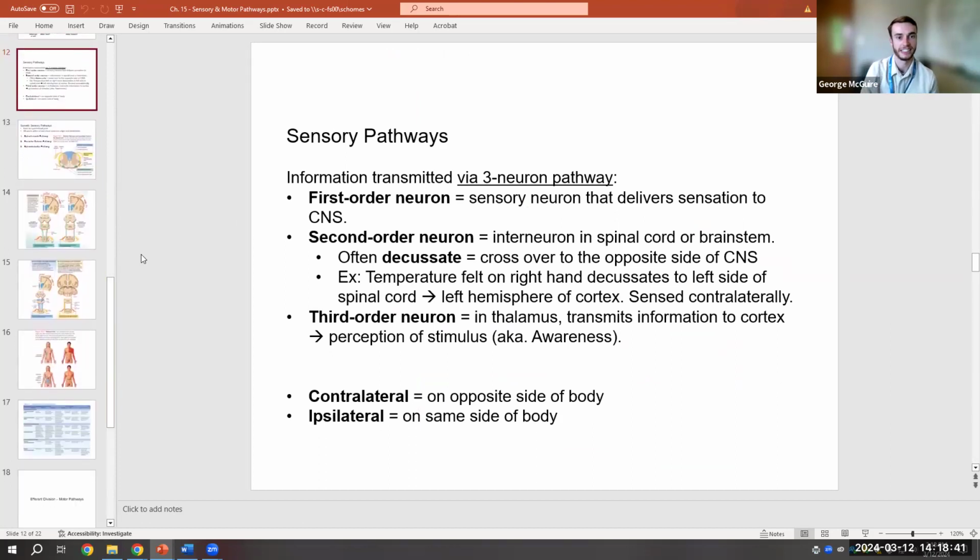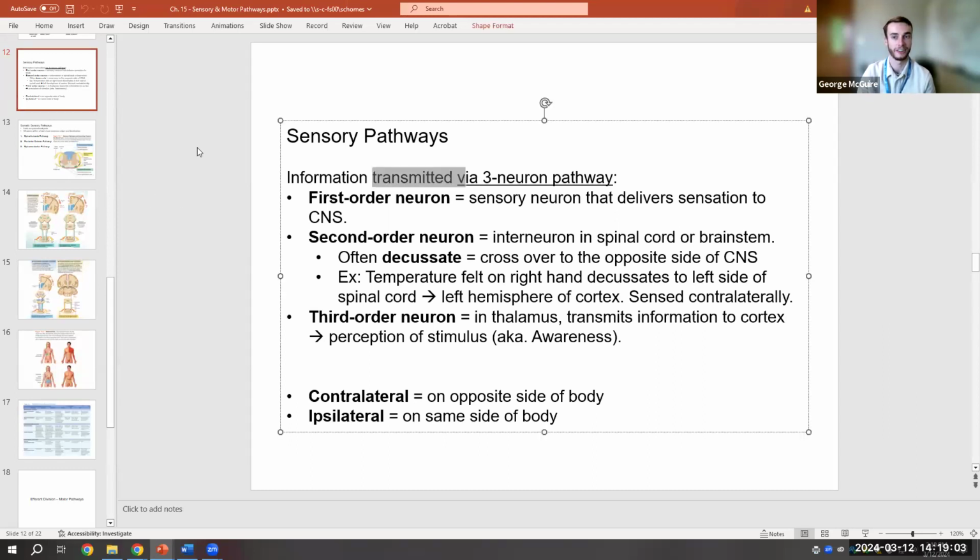So now we can actually get into our pathways. We're focusing on the three major somatic sensory pathways in this chapter. Two of these three, a majority of our sensation that we're going to be talking about, is transmitted through a 3-neuron pathway.